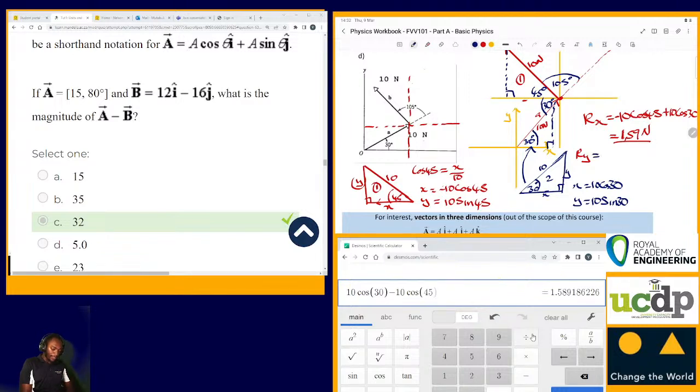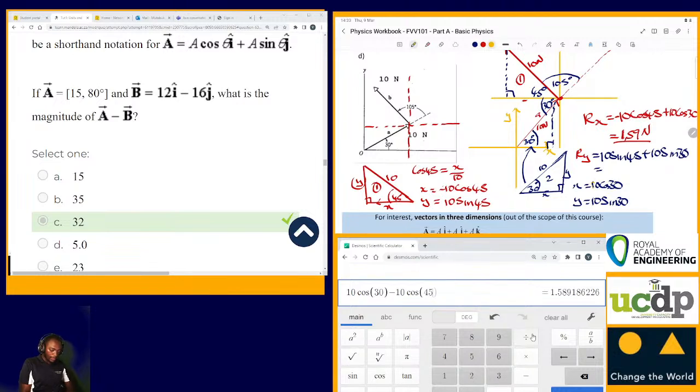So we now add. They are all positive, right? Because they are above. So that becomes 10 sine 45 plus 10 sine 30.